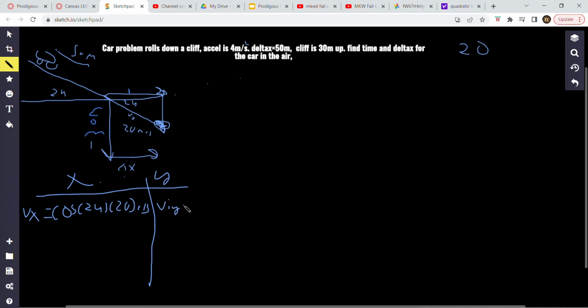VIY is going to be the opposite. It's just going to be sine 24 times 20. The acceleration is equal to negative 9.8 meters per second squared.